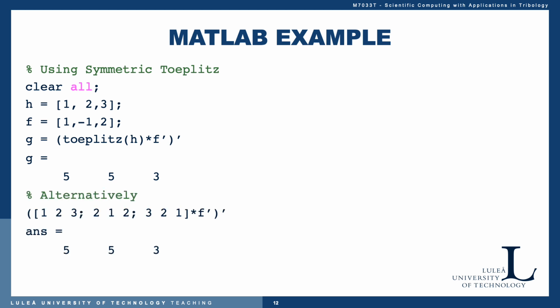We could have, instead of using the built-in MATLAB command Toeplitz, defined the matrix ourselves. And what would that matrix look like? Well, since it's symmetric, we can think of it either in row or column way. So if we set up the first row or column, it would be 1, 2, 3.